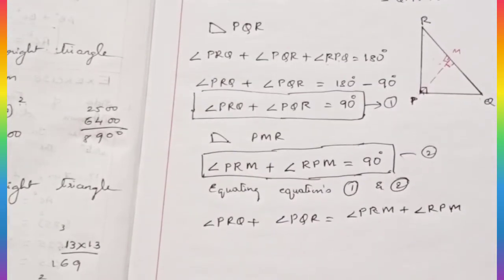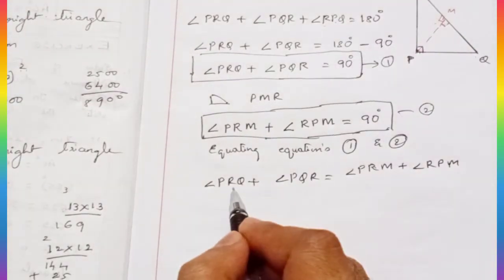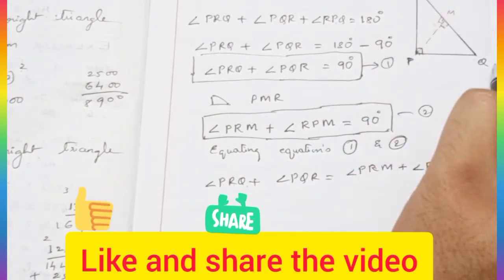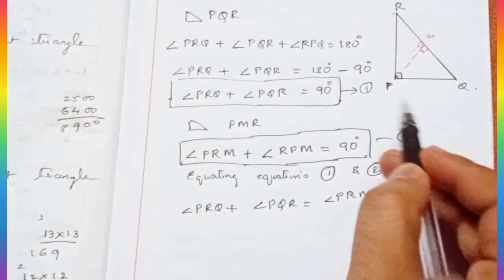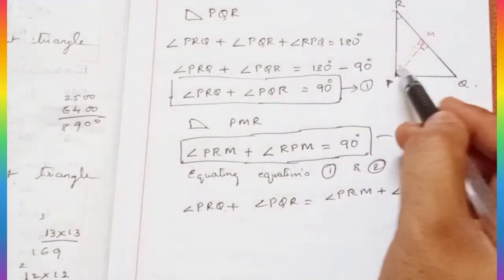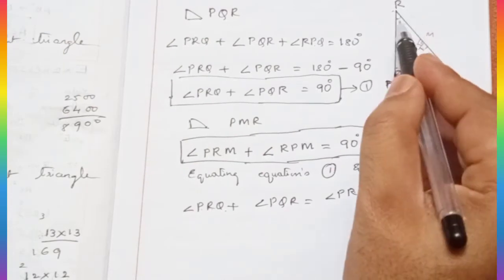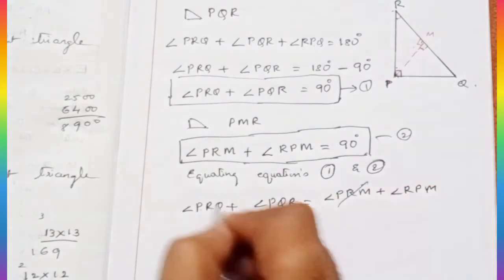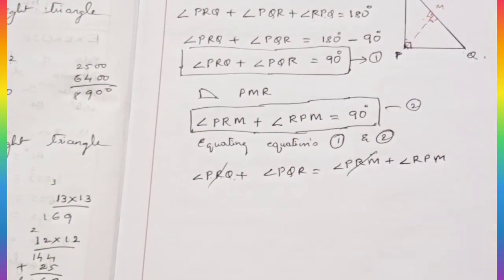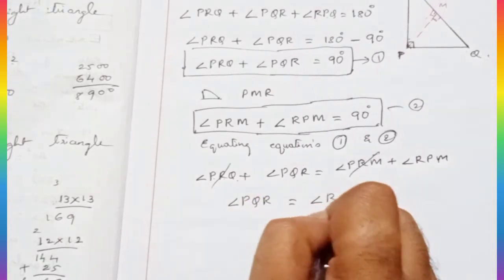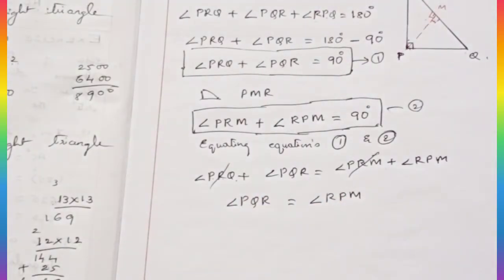See, in this equation, PRQ means this angle R itself. Here PRM, once again the same angle. So the angle is not changing. So these two are nothing but equal. Therefore, I'm going to cancel on either side. So what is left out? PQR is equal to RPM.